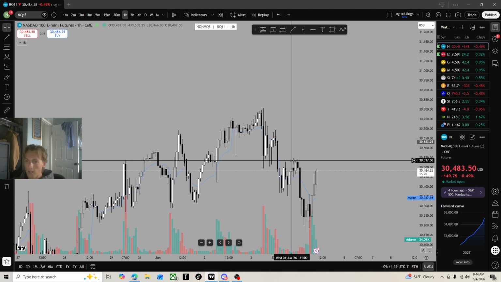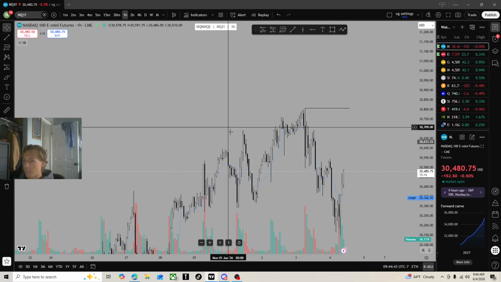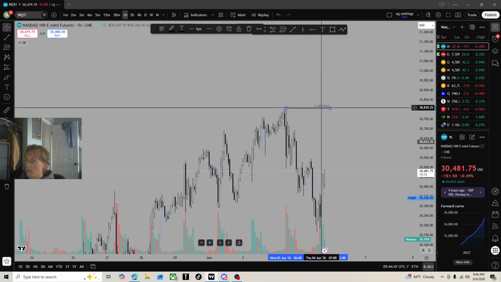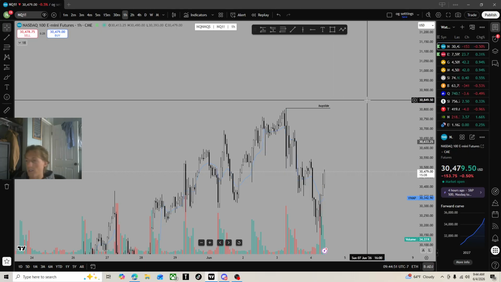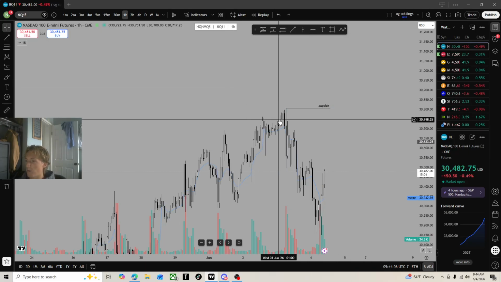What is liquidity? Liquidity is basically a point where there's going to be stop losses. So, for example, this would be the ultimate buy-side liquidity or all-time highs. And the thing is that price is drawn to people's stop losses, right?